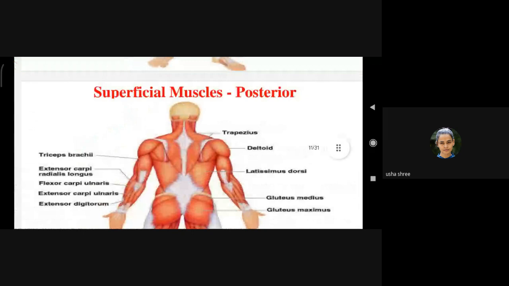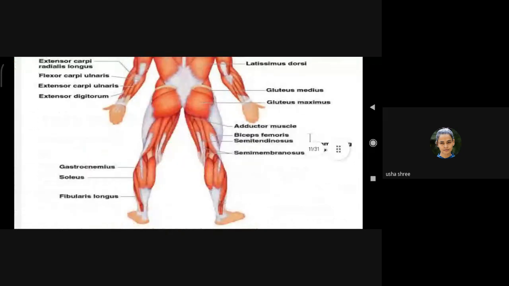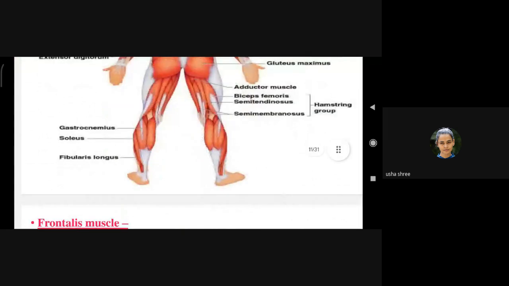Like that, some other muscles are also there, like at the bottom, fibularis longus. Longus means the muscle is a bit longer in shape.